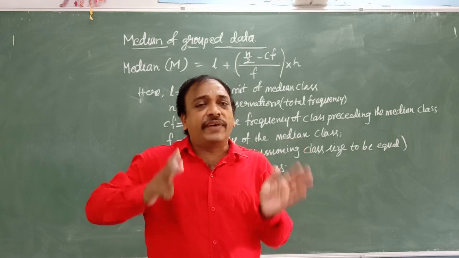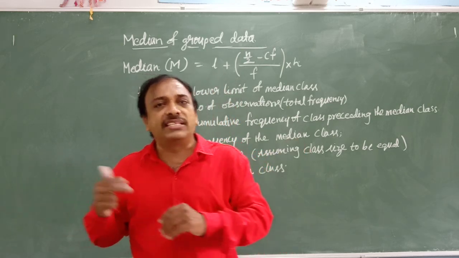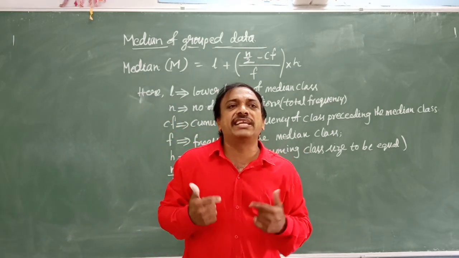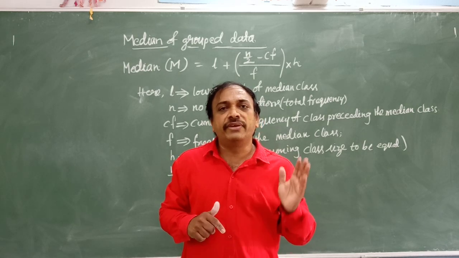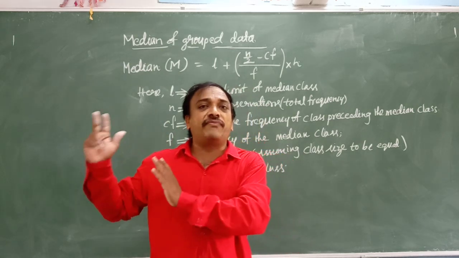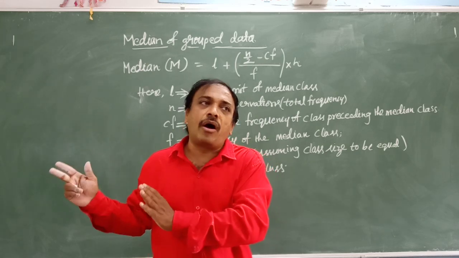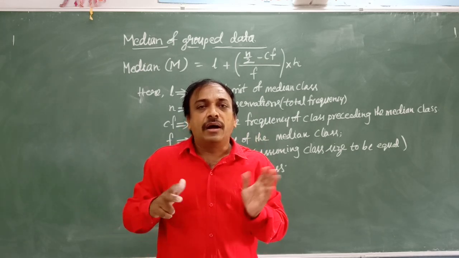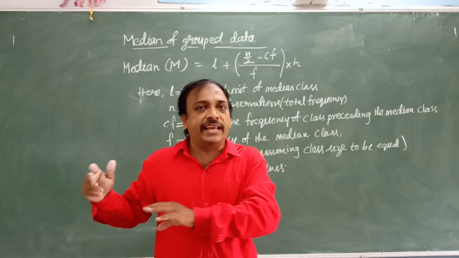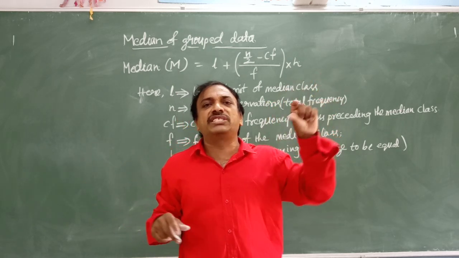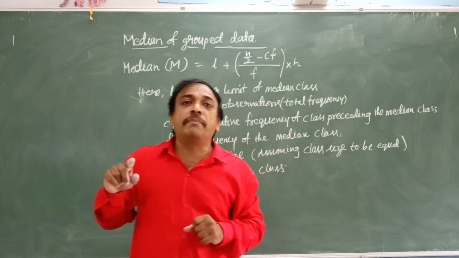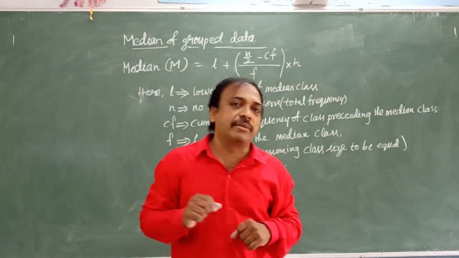Median: first we will arrange them in ascending or descending order. After arranging, we will see whether the number of observations is even or odd. If the number of observations is odd, then the middlemost value, which is nothing but the (n plus 1) by 2th observation, is the median.